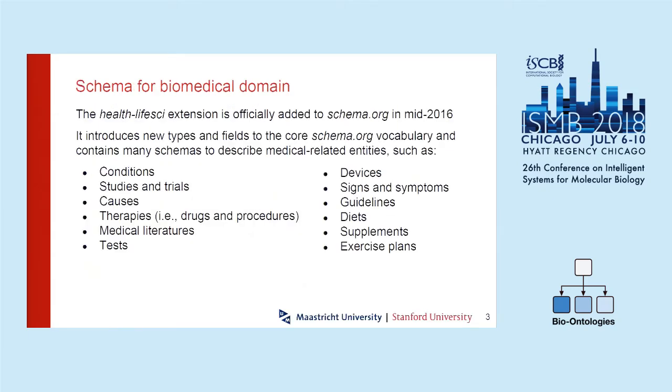So, schema for the biomedical domain. In mid-2016, Schema.org got a new family member called the Health Lifecycle Extensions, which introduced many new types and properties to describe biomedical entities, such as conditions, studies, causes, therapies, medical literature, and so on.